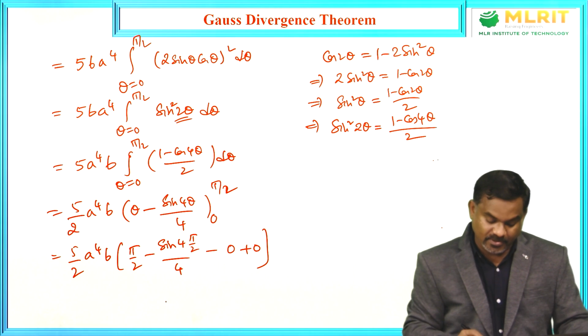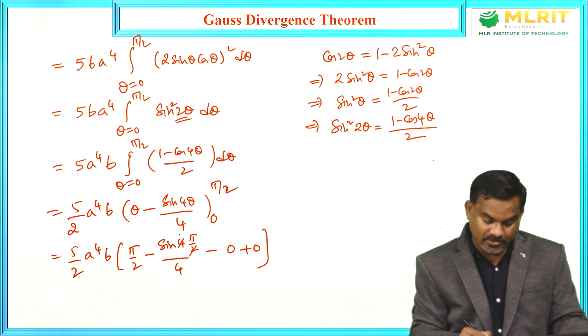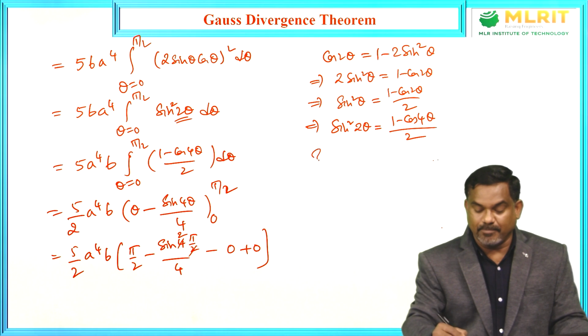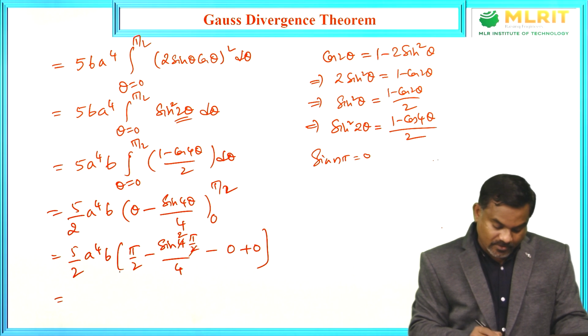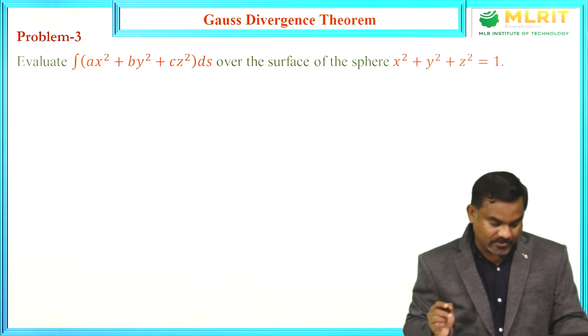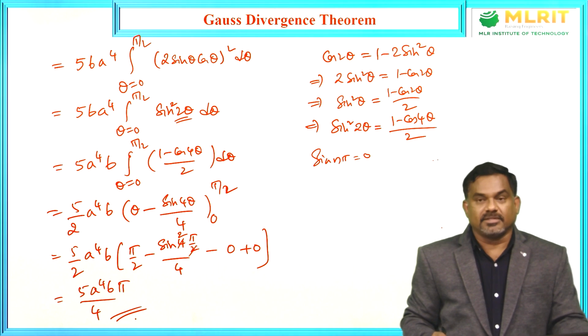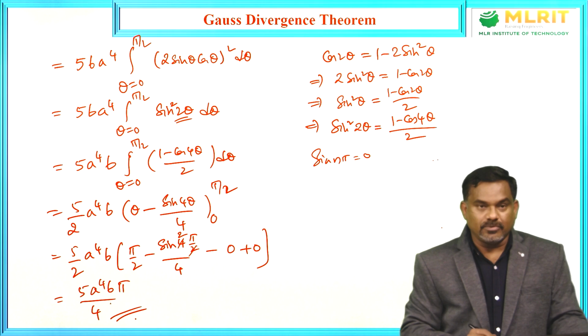So this is sin 2 pi. We know that sin n pi is always 0. So this also becomes 0. So only pi by 2 remains: 5 a power 4 b pi by 4. So hence the given surface integral is equal to 5 a power 4 b pi by 4.